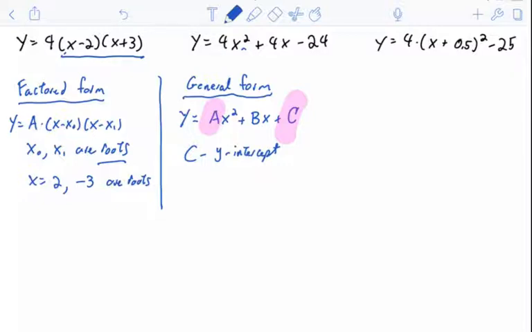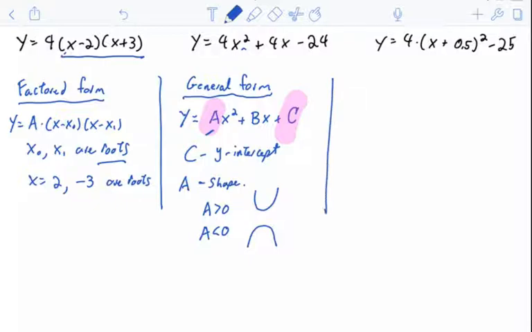So you can think of that as the starting value of the function. The letter a, the coefficient in front of the x squared, tells us about the shape. I'll be going into this in more detail later, but if a is a positive number, the graph is pointing up like that, and if a is a negative number, it's an upside down U. Okay?